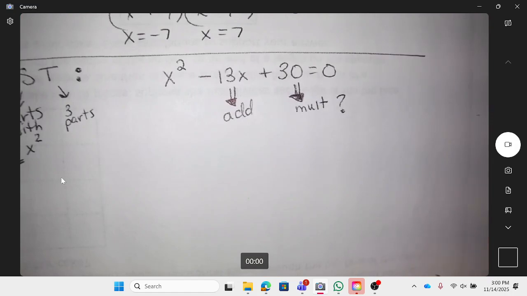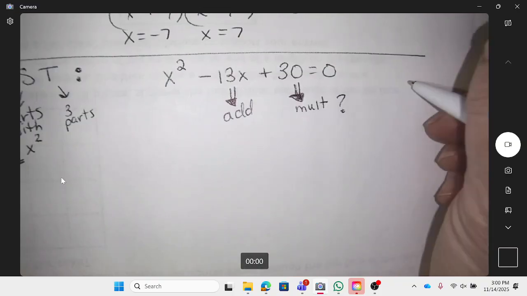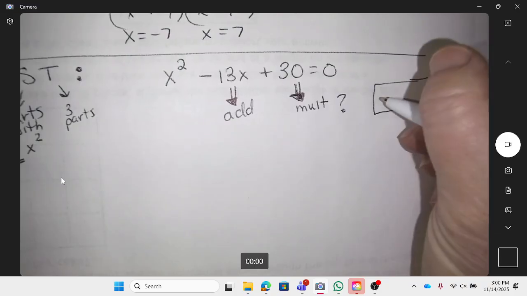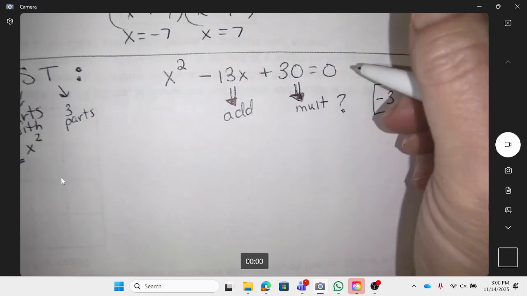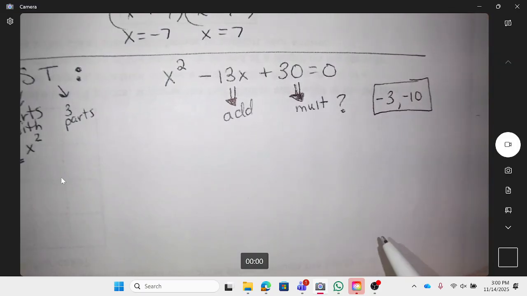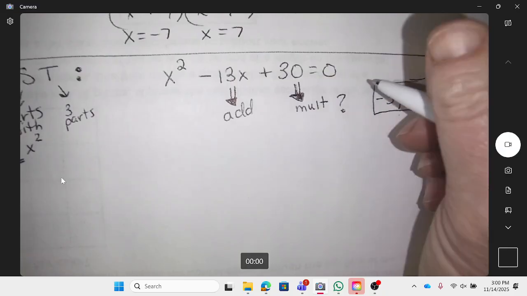So how do you do this one? You always think, what multiplies to that and adds to that? Okay, there's my combo.